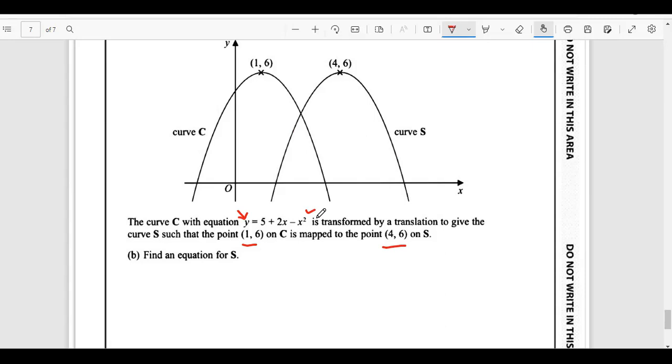Very good, and you can see that it has gone 1 to 4, so it'd be plus 3 in x and 0. So would it be y equals 5 plus 5x minus x squared? Wait, wait, because it's plus 3 on the x.